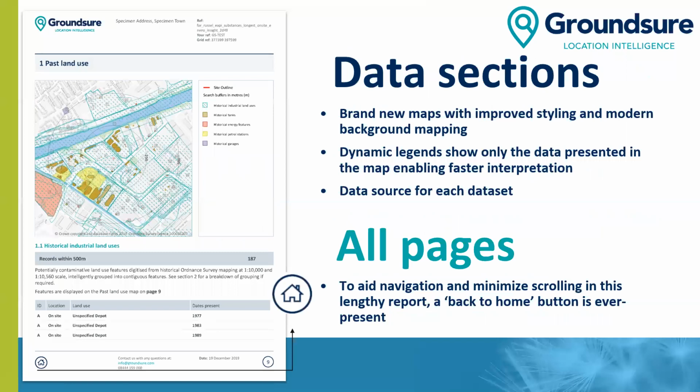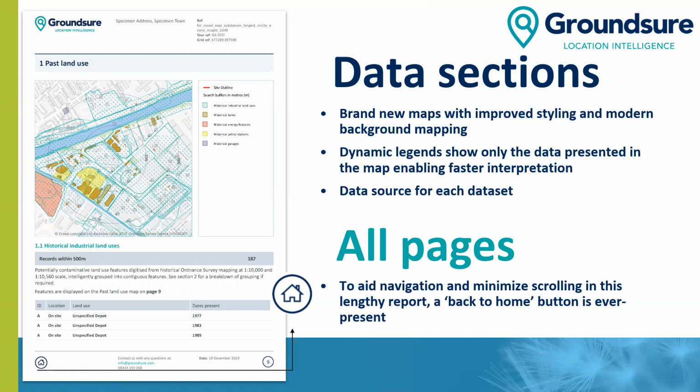Now for data sections. We introduced brand new maps with improved styling to avoid any sort of confusion that we came across with the old reports and those wishy-washy colors. We implemented dynamic, intelligent legends, and they only show you data present on the map.